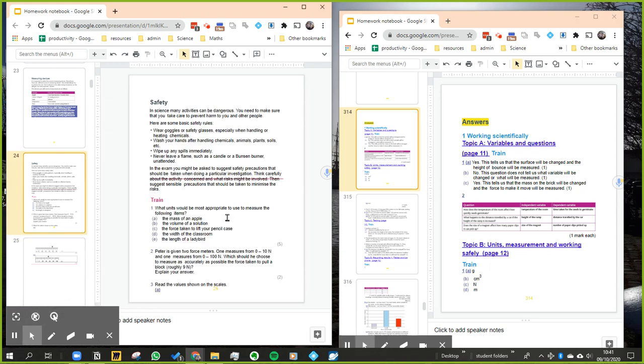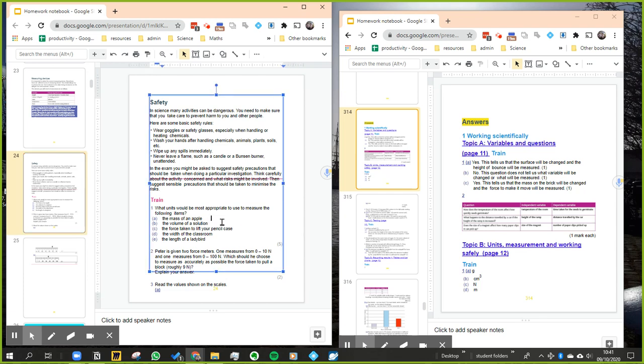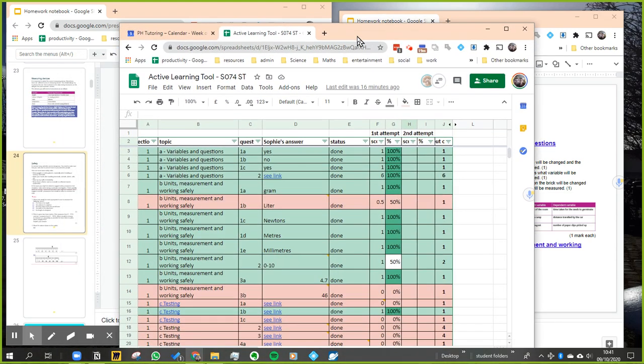So here we go. So 1A is saying what units would you use? So you haven't done the units for that one. You haven't done the volume for that one. You need to do the units for all these, you see. 1 isn't done. So if we go back and look at the mark scheme here, you wrote them in here. Okay, all right.